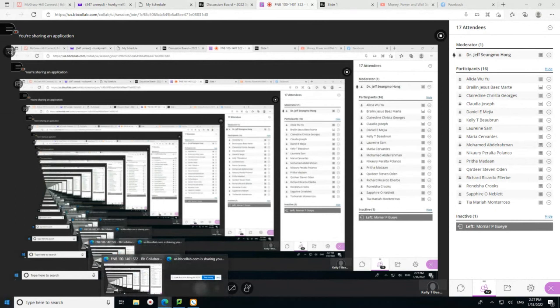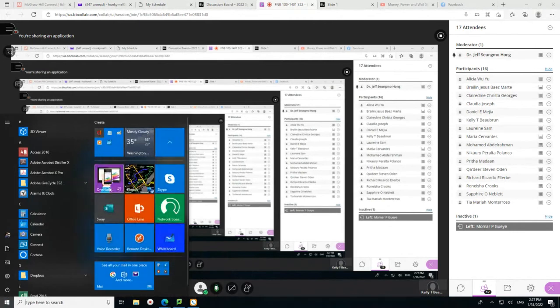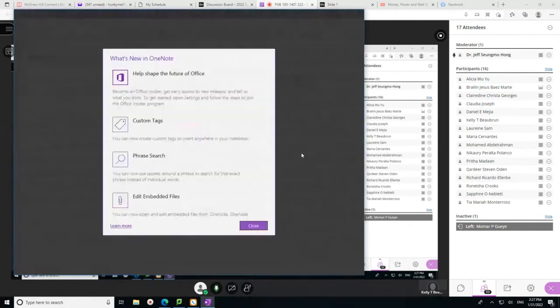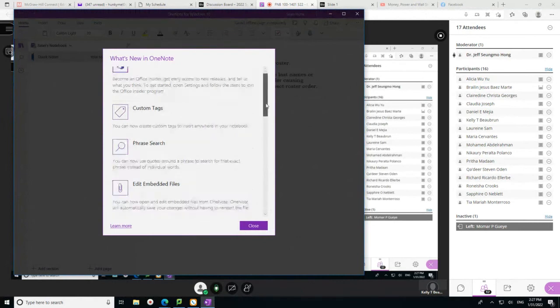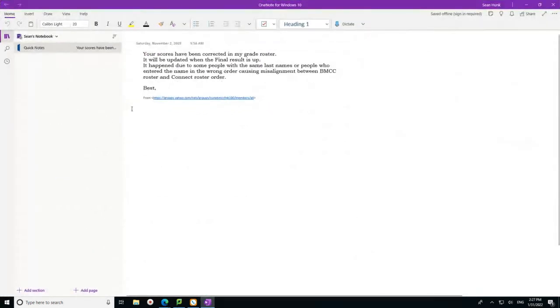Where was I? I couldn't use the whiteboard, so let me try something else. Let's see, OneNote. Handwriting. Where is it? No, it doesn't allow handwriting. I think you have to go to the draw tab at the top. Yeah, right. Draw. There you go. Thank you.